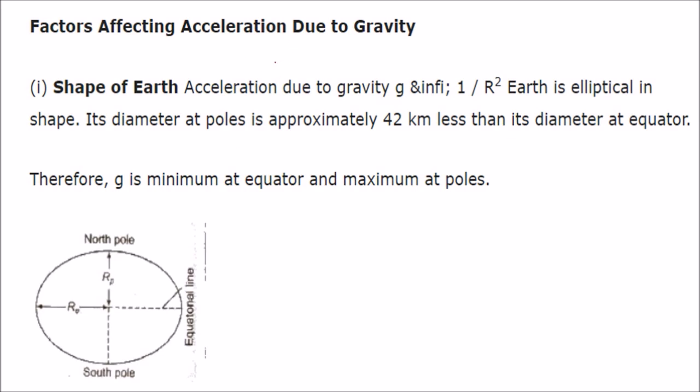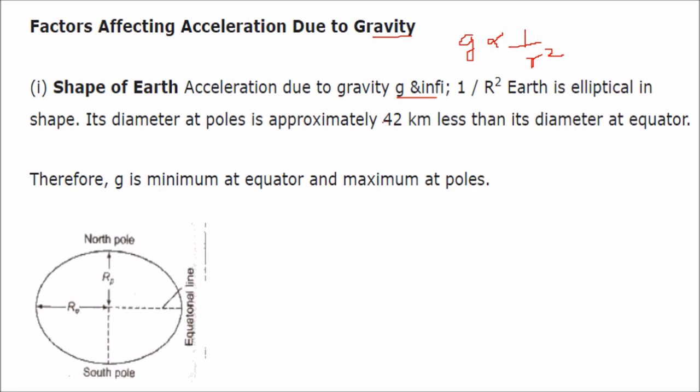What are the factors which are going to affect the gravity? First is the shape of earth. See, g is directly proportional to 1 by r square, as we have known. Earth is not a proper sphere. It is elliptical in shape, and the earth crust is also not very smooth.